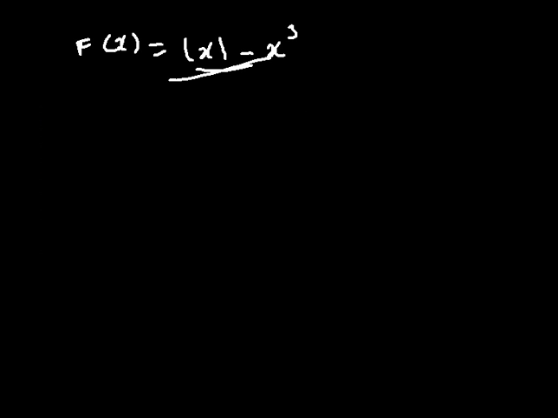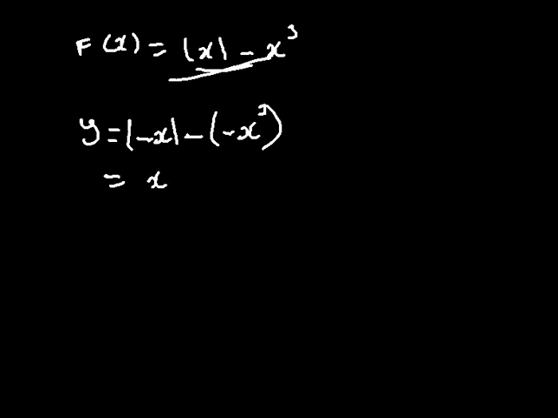And how about the symmetry about the y-axis? For that case, we'll have y equal to the absolute value of negative x, and negative x to the power 3, which is the same as the absolute value of negative x.